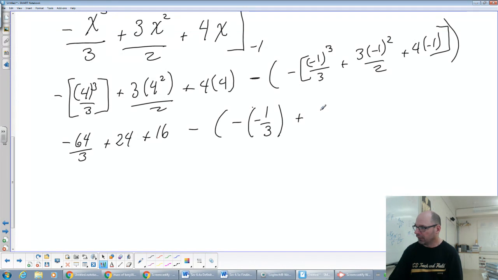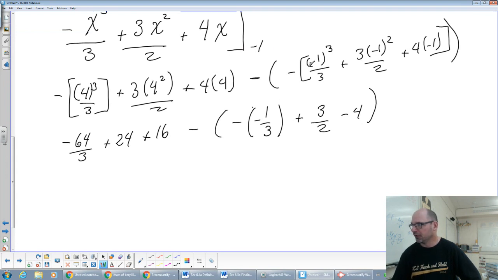Plus 3 times 1 over 2. Okay. Minus 4. Okay, let's just double check my negatives here. So this would be -1, and then I'd have to have a negative in front of it for that. So this would be -1.